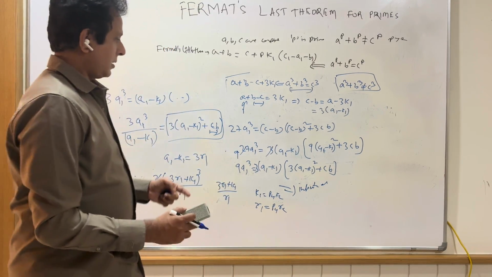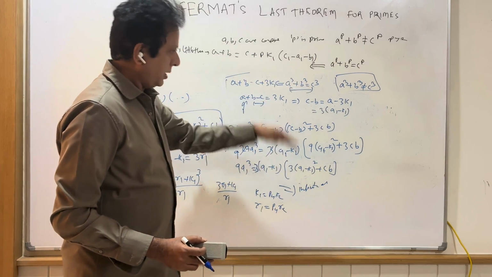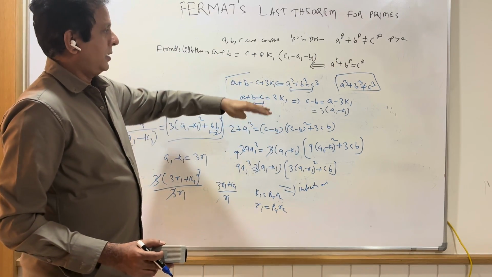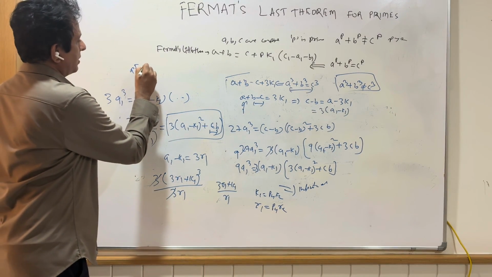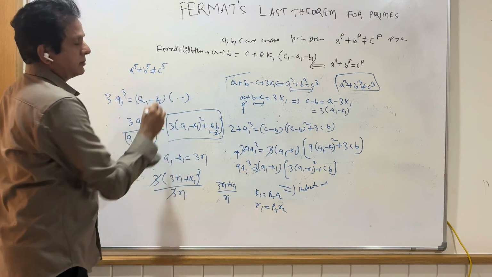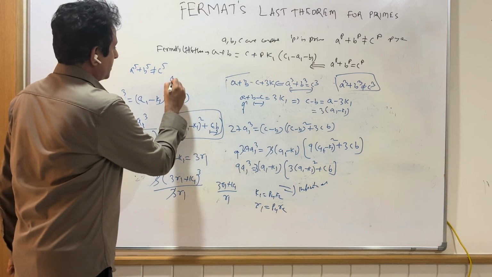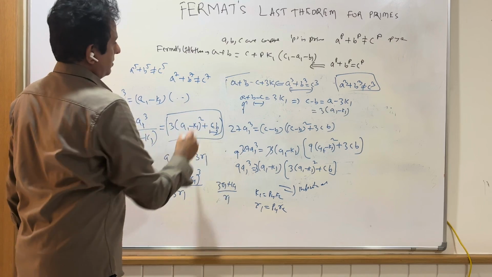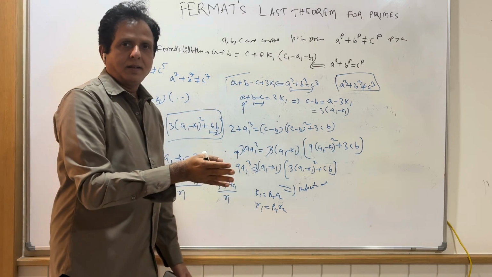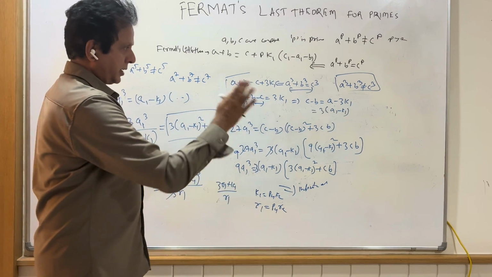I am going to similarly prove that a power 5 plus b power 5 is not equal to c power 5, and similarly a power 7, for all primes actually. So we can extend this proof to all primes. The formula is a little different.